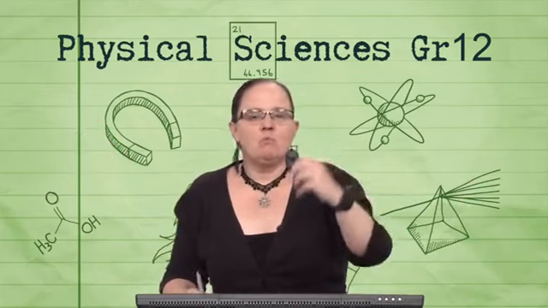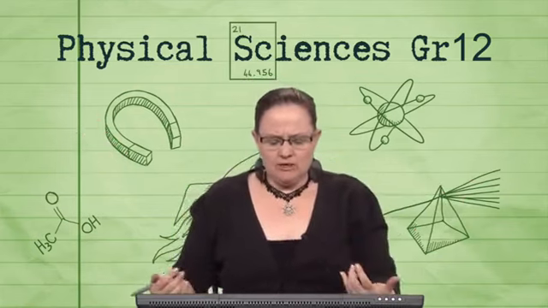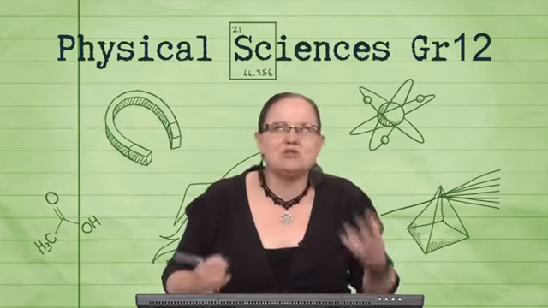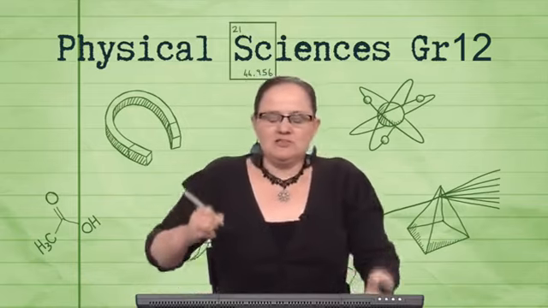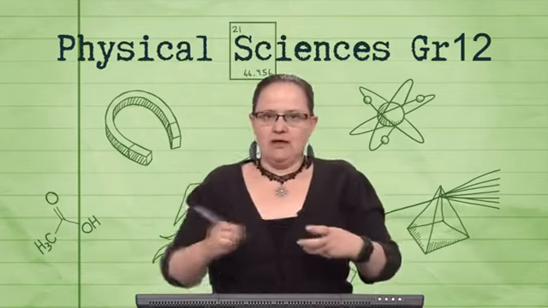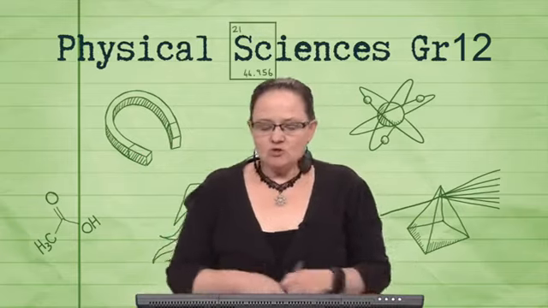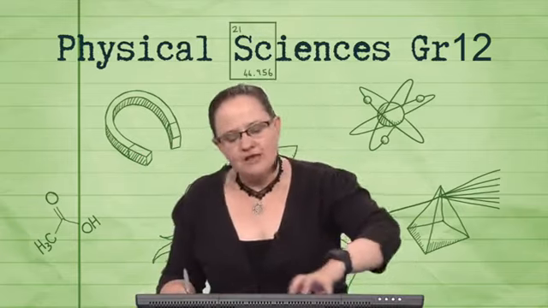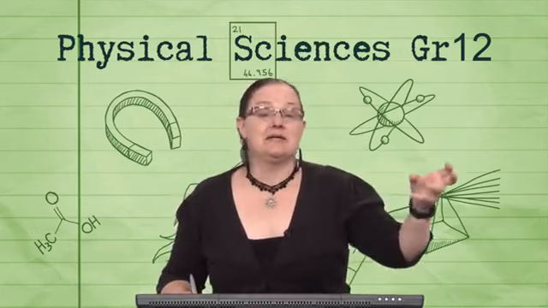Remember, your markers can't interpret what you write. I'm not allowed, when I'm marking, to say they meant this and then give you the mark. You either showed it or you didn't. So this way to me is far better because it's less likely to be unclear.